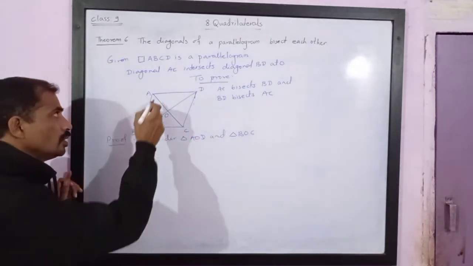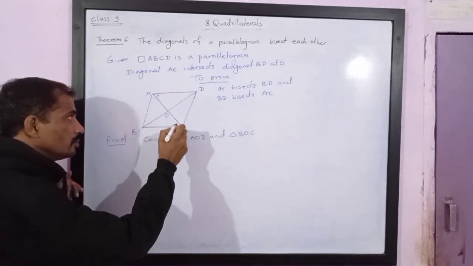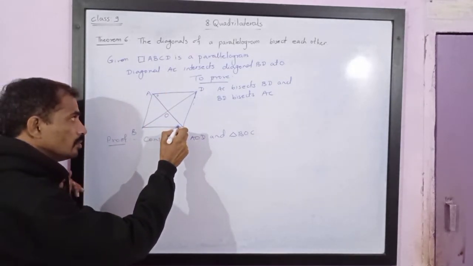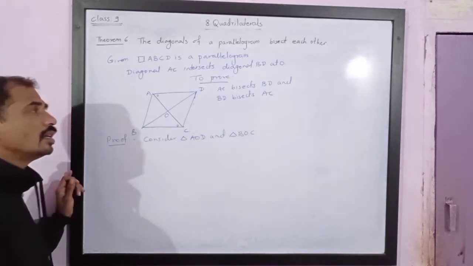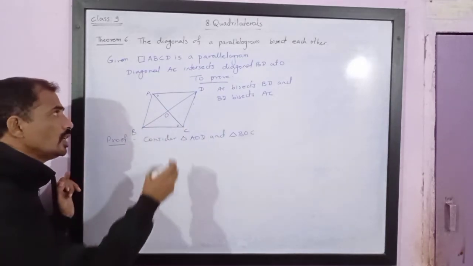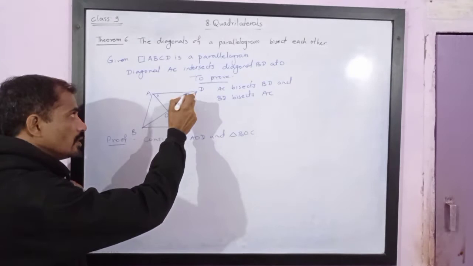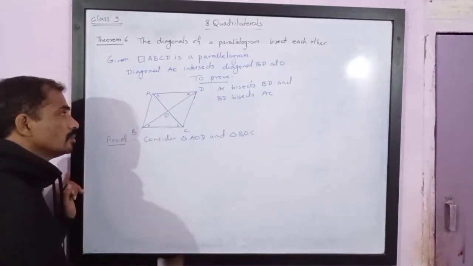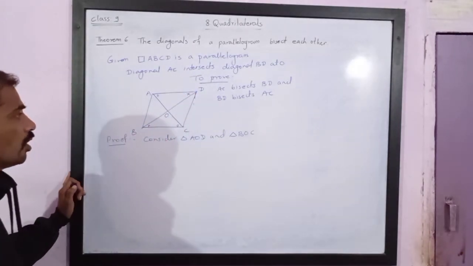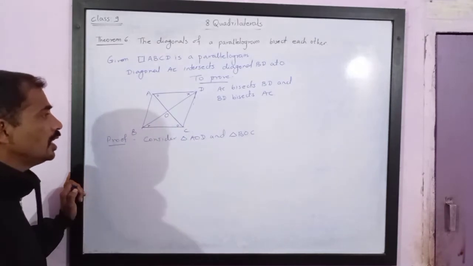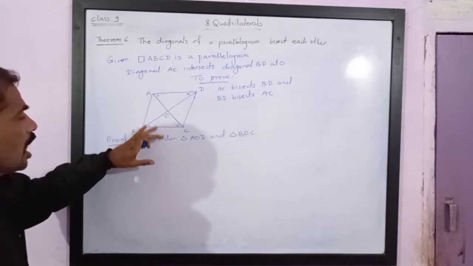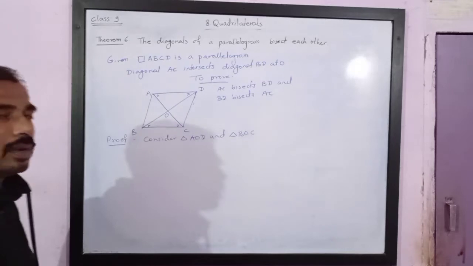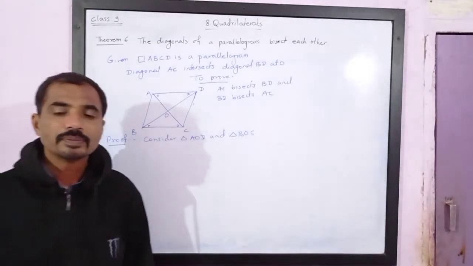Now this angle is congruent because they are alternate angles. Also you will notice that this angle is congruent. Alternate angles are congruent. Now we have already studied that opposite sides of parallelogram are equal.